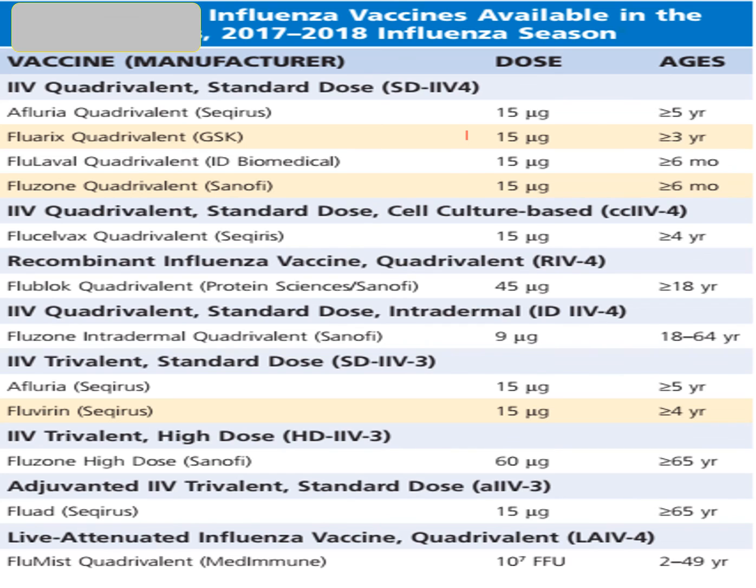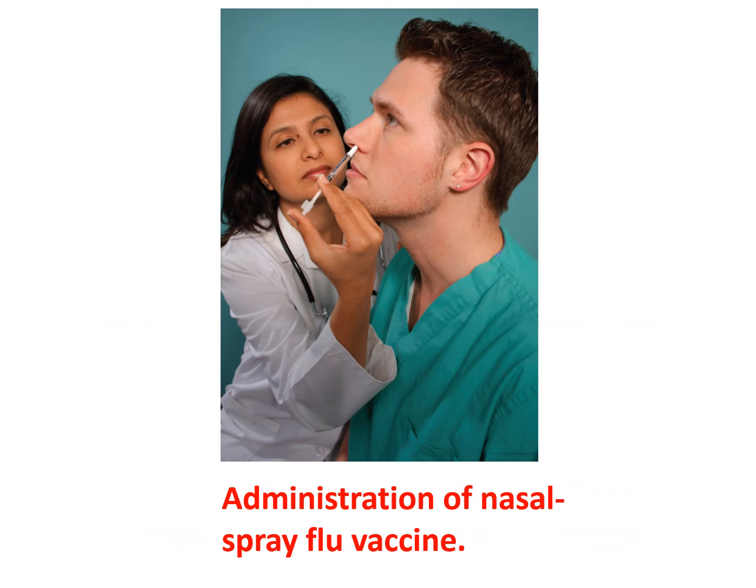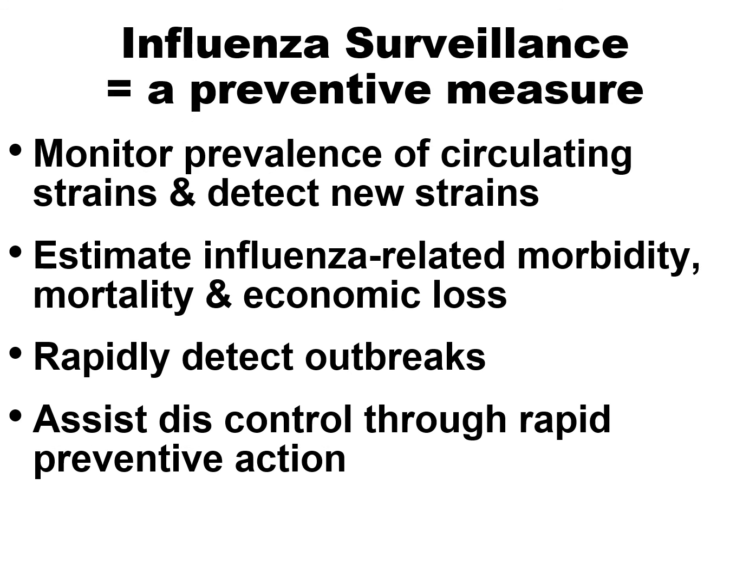So choose the vaccine carefully. Please print this table and use it in your clinic or hospital. I put this picture only to show the administration of nasal spray flu vaccine.